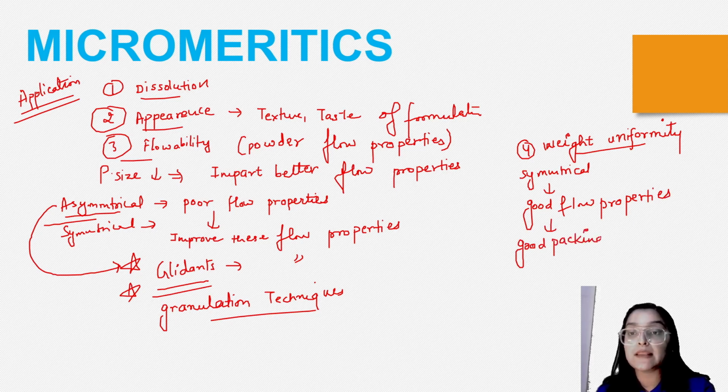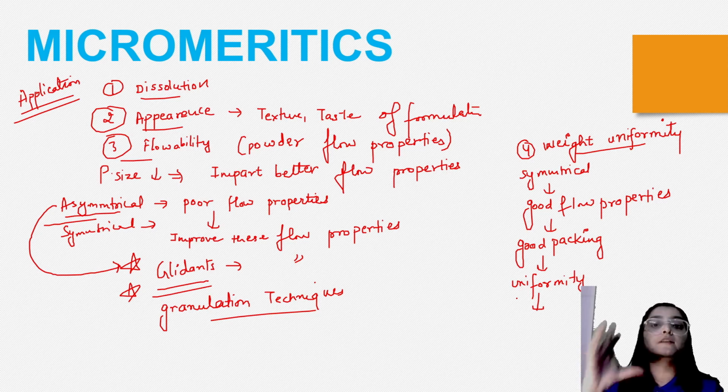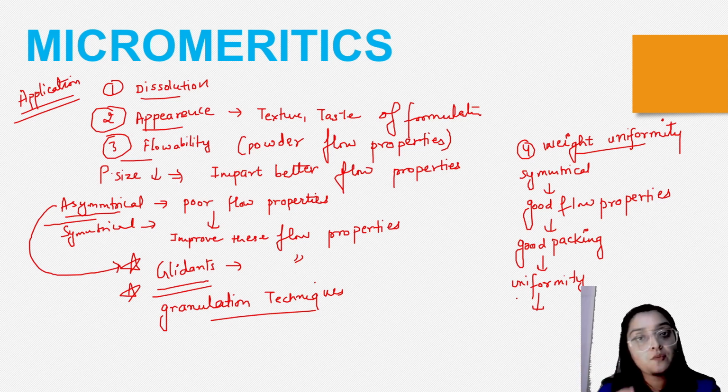Good packing between the particles means there is some sort of uniformity between them. This will help them to be easily fed into the instrument. They will be compact, the packing will be good, the particles will be symmetrically handled, and there will be uniformity. So we can indicate this as dose uniformity or weight uniformity.